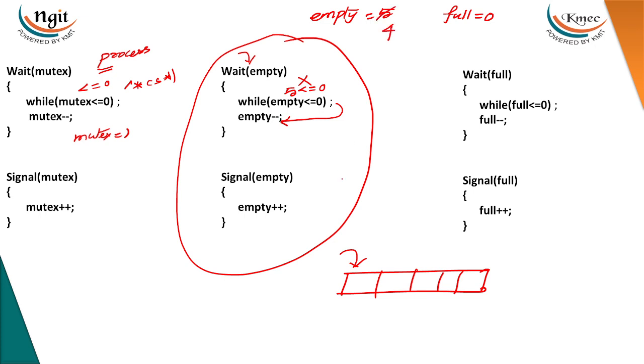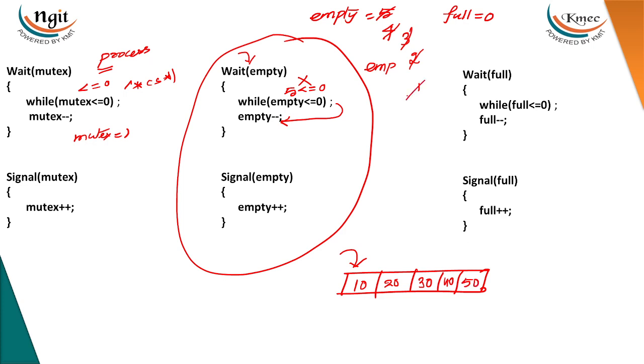After this, the producer can add one more item. Whenever empty is 4, 10 is added; 4 and 20 is added, now 3. One more time you execute it, it will be 30, then 40, then 50.